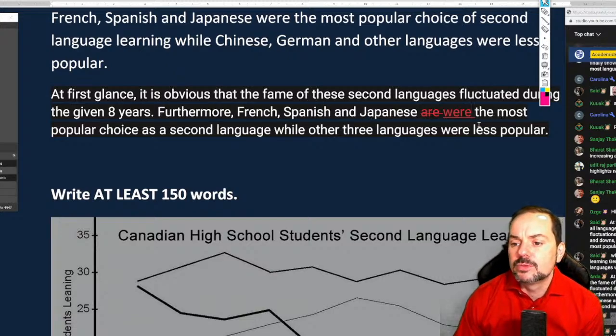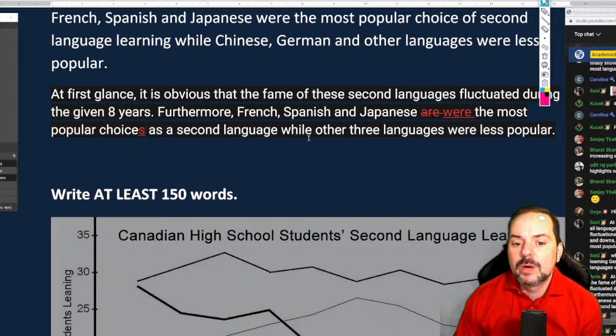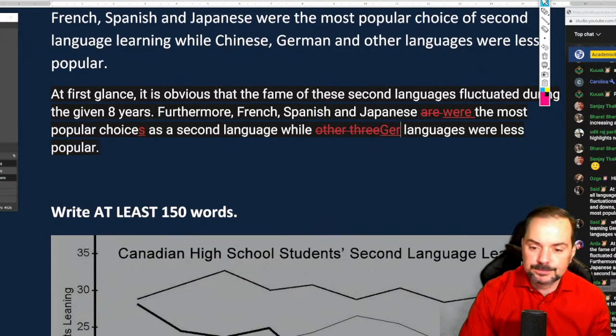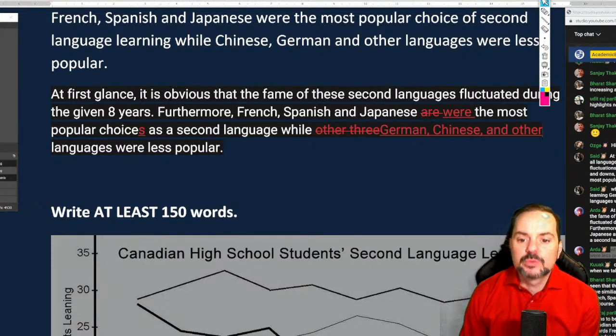Spanish and Japanese were the most popular choices, plural, you can count them, as a second language, while other three languages, it's not really other three languages, you have to be careful because we have German, Chinese, and other languages, while German, Chinese, and other languages were less popular.